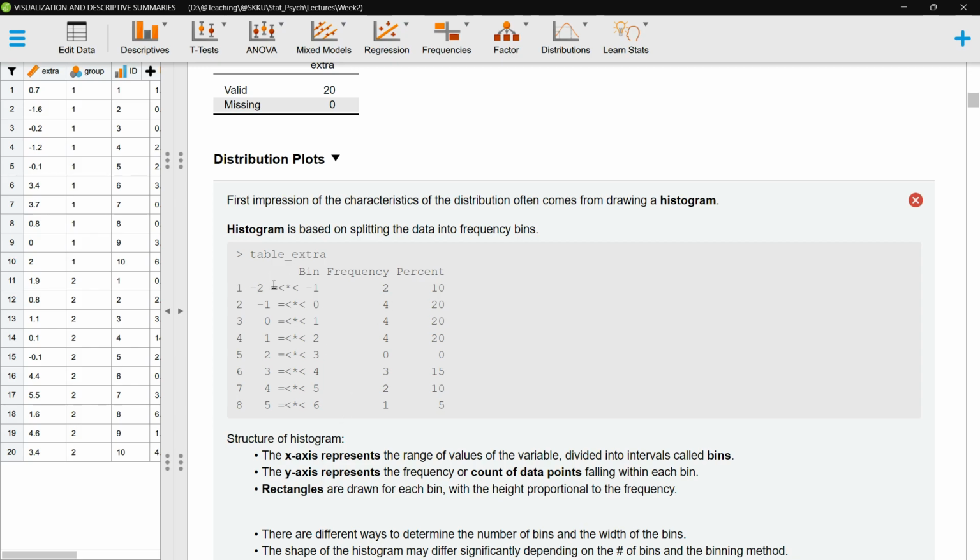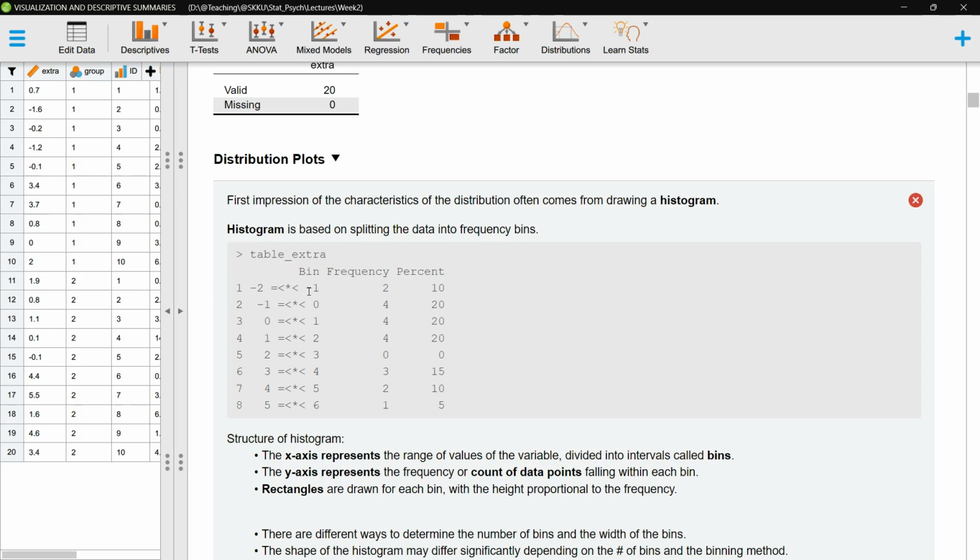And in this case, the total bins have to cover the whole range of the values. So starting from -2 up to positive 6, this range should cover all the values in the data set, right?